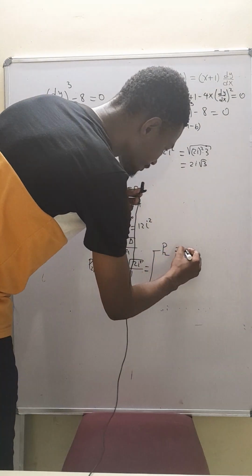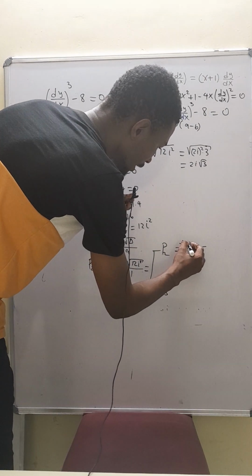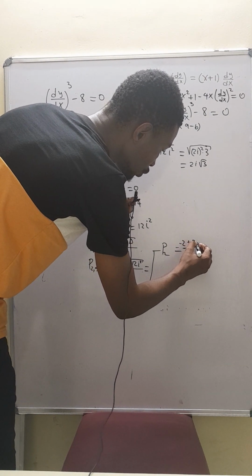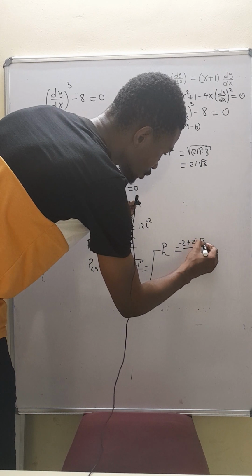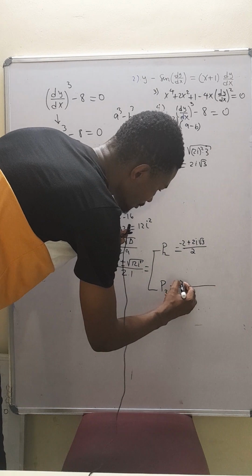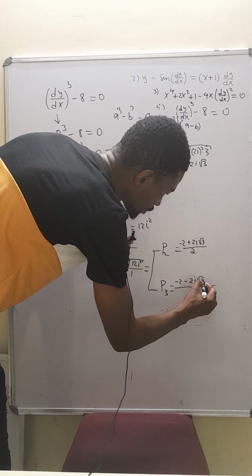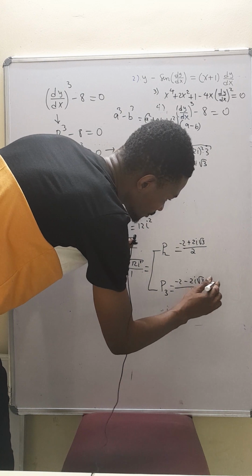In this way, you are going to have minus 2 plus 2i root 3 divided by 2, and here you get minus 2 minus 2i root 3 divided by 2.